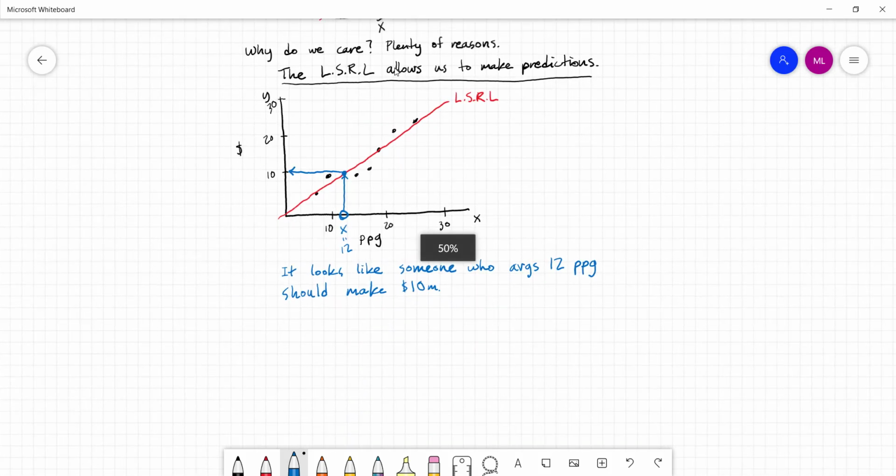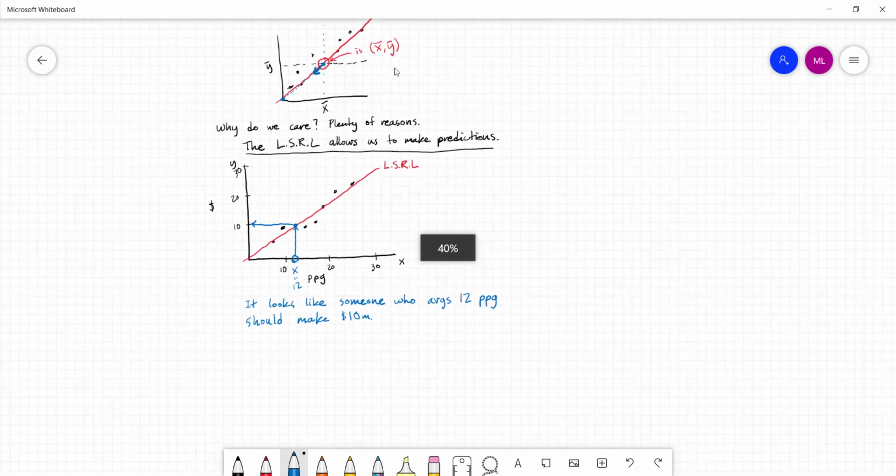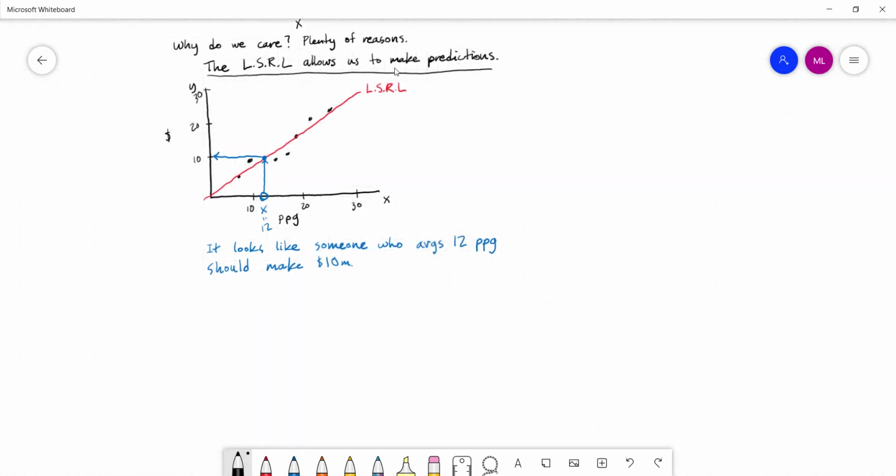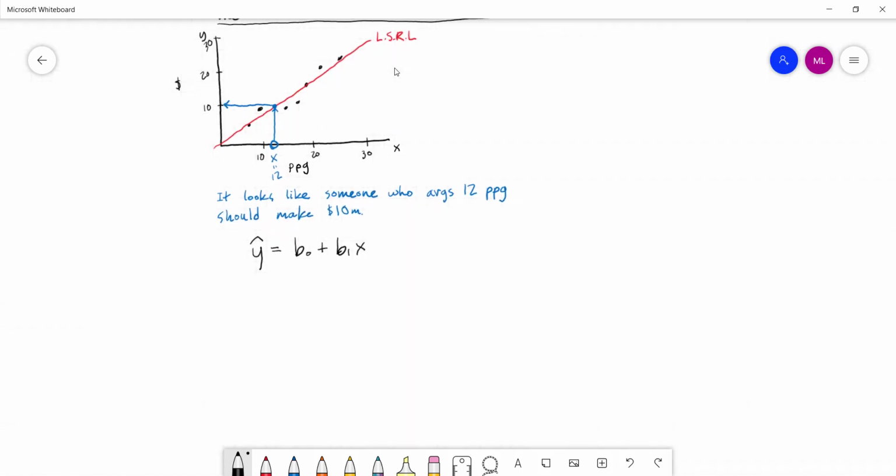How do we do that more formally? What we would need to do is actually take the formula that says, here's again, y bar equals b0 plus b1x. Once we know these values, if I want to figure out a y value, remember this is salary, so this is how much money they make, and we know points per game, all I need to do is plug it in.